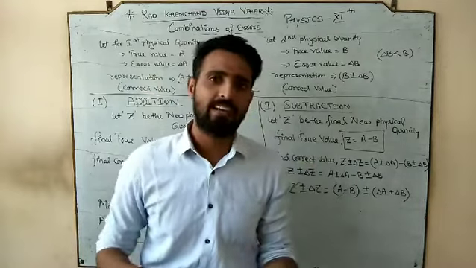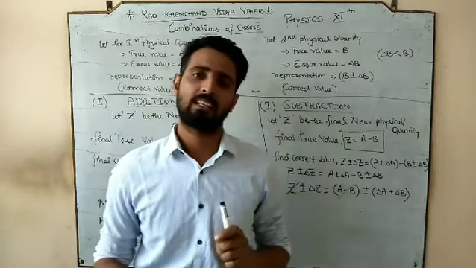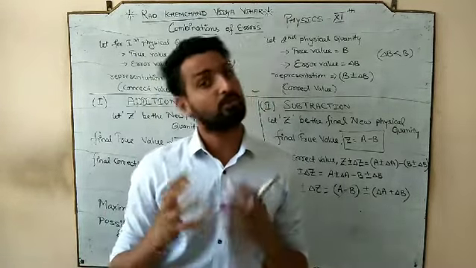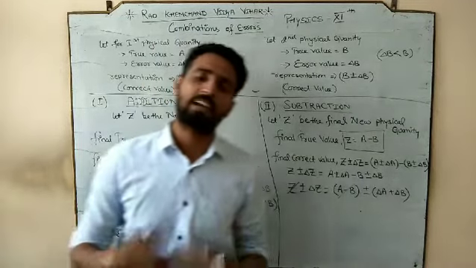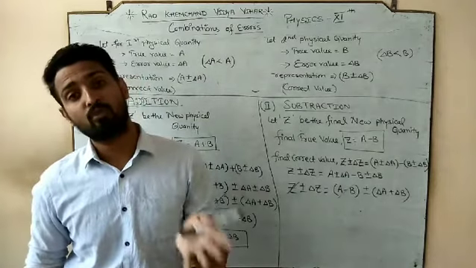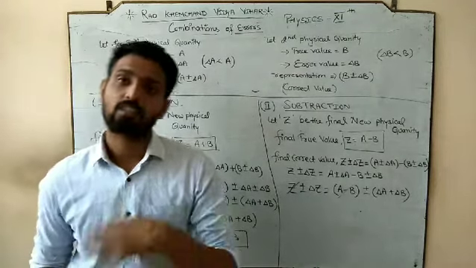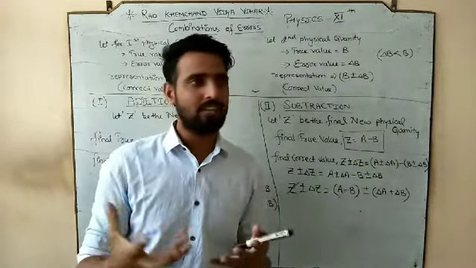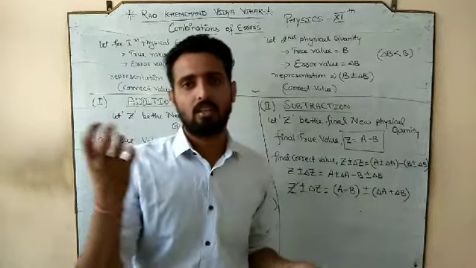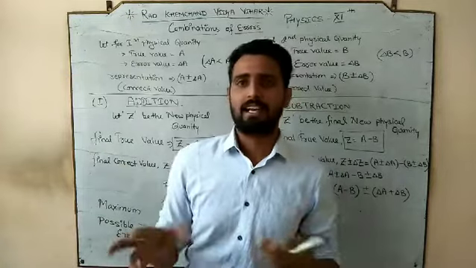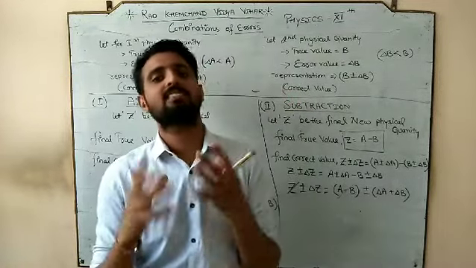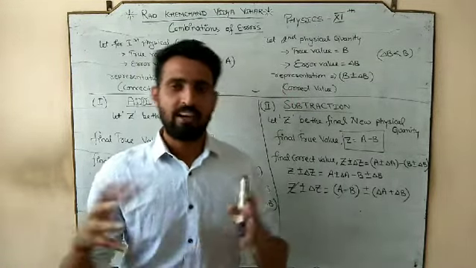If you want to add, true value adds. If you want to subtract, true value subtracts. In future, if you want to multiply, true value multiplies, and if you want to divide, true value divides. It means true value is that standard value that we always see. If someone says the length of the square is 10 centimeter, find the area.